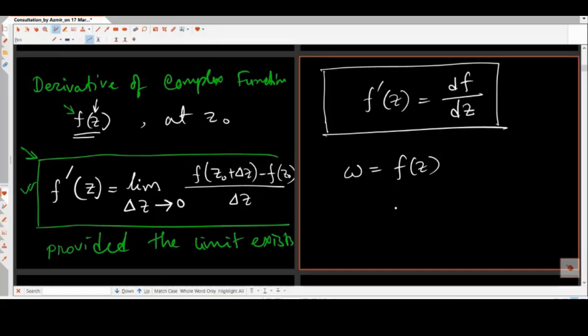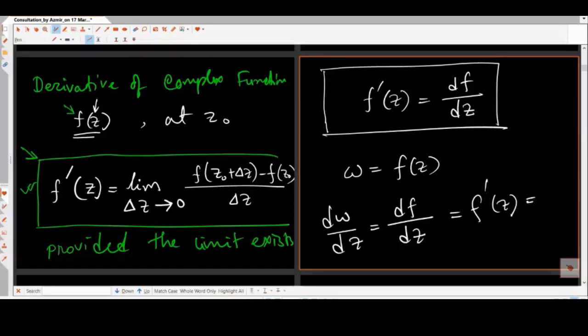So if the derivative is df/dz, then we can also write dw/dz. Df/dz is f prime(z), so dw/dz will also be w prime. We can use any notation, whatever we like.